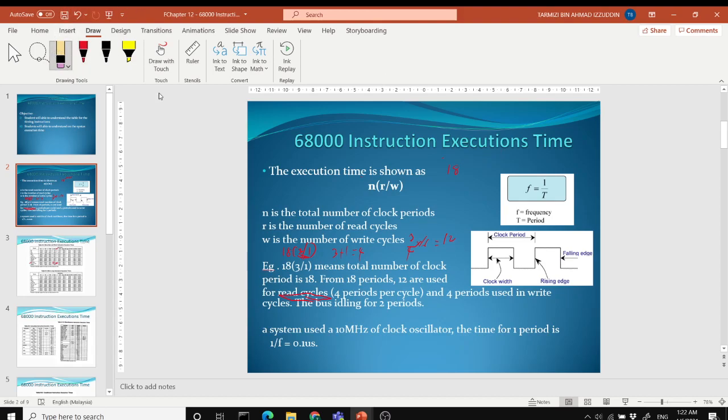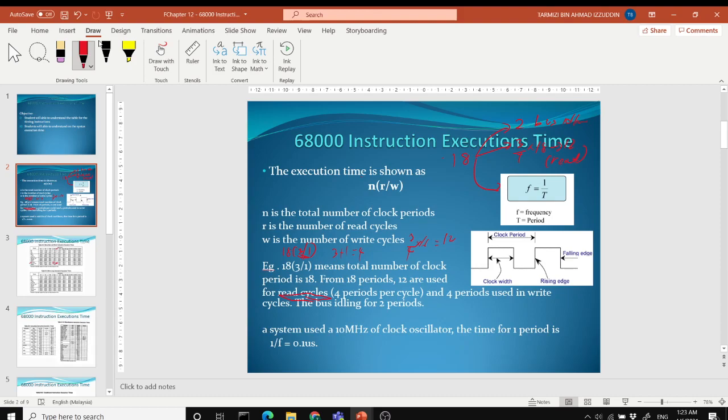From the 18 clock periods that you are using, 2 are used for the idling, bus idling. 3 out of 4 of the remaining 16, which equates to 12, are used for the read cycle, to read from the bus.